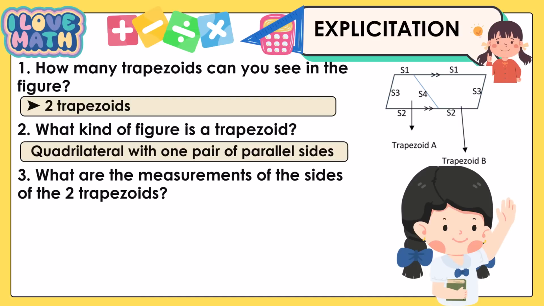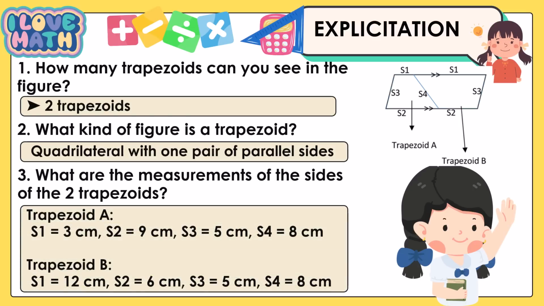Number 3, what are the measurements of the sides of the 2 trapezoids? Answer, trapezoid A, 3 cm, 9 cm, 5 cm, and 8 cm. Trapezoid B, 12 cm, 6 cm, 5 cm, and 8 cm.